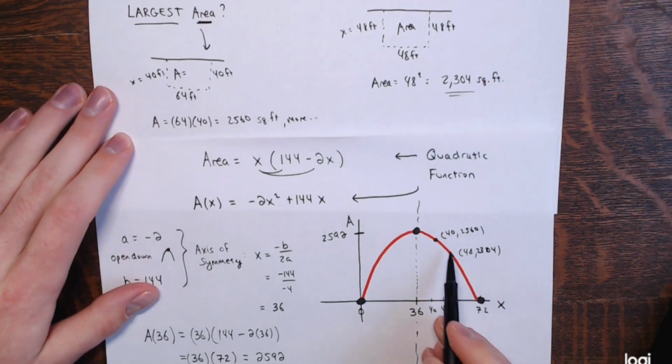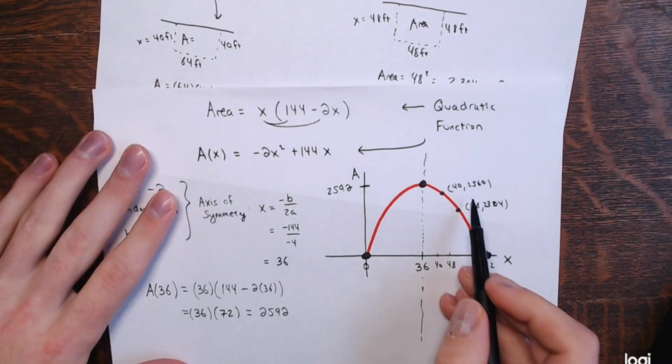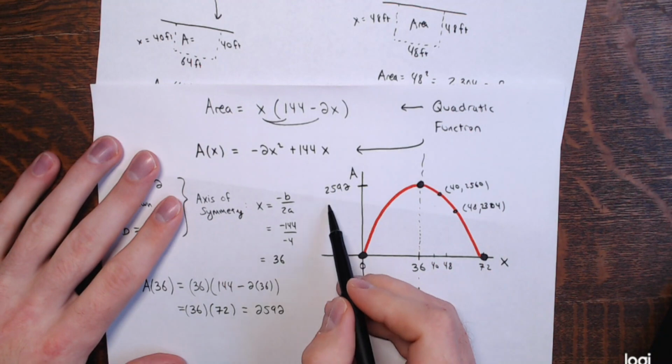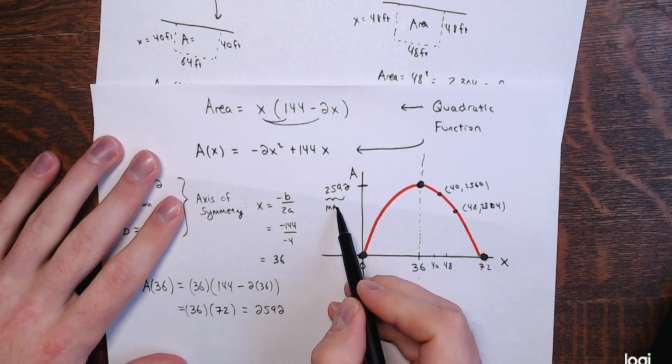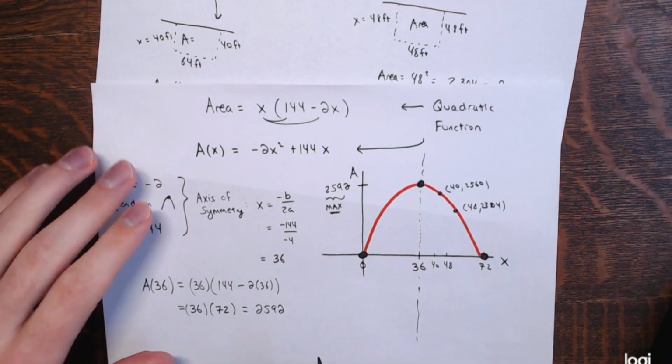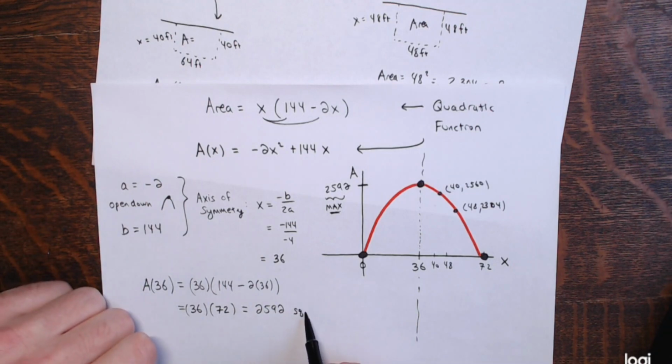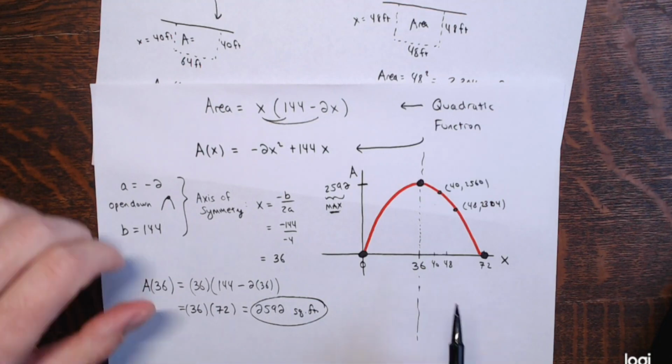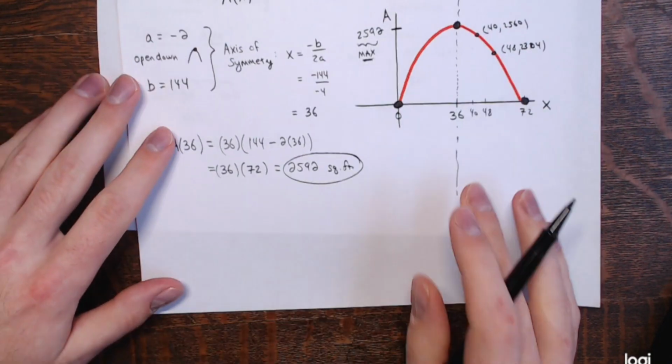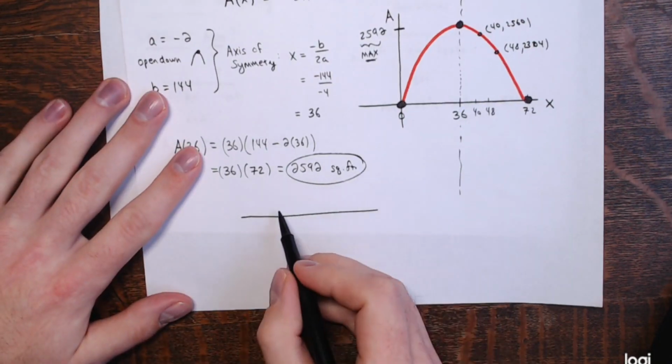But you see, those aren't the highest values of the output. Those aren't the highest areas. The highest area is this one here. There's the max, 2,592 square feet. And that would happen when that length is 36. So if I was drawing that picture again, here's the wall.